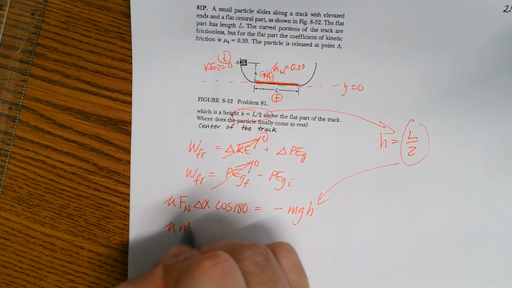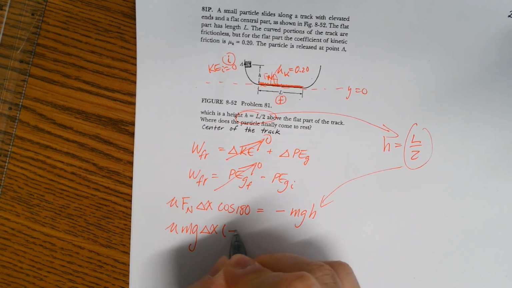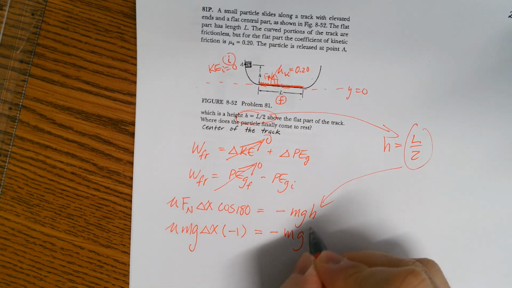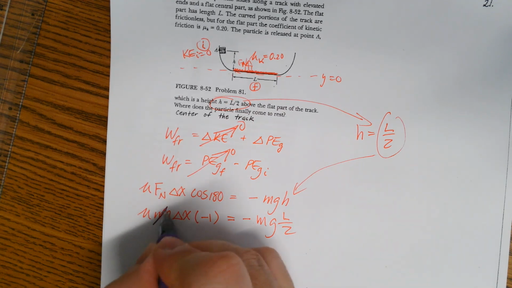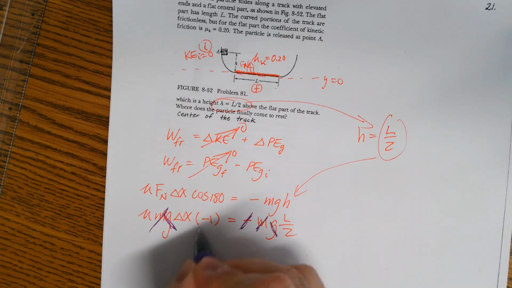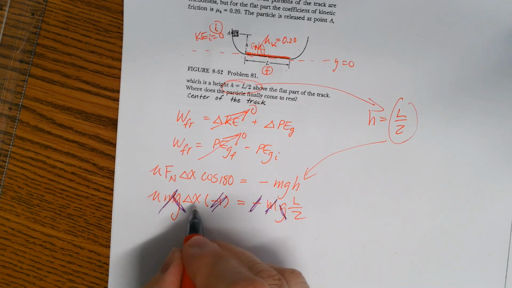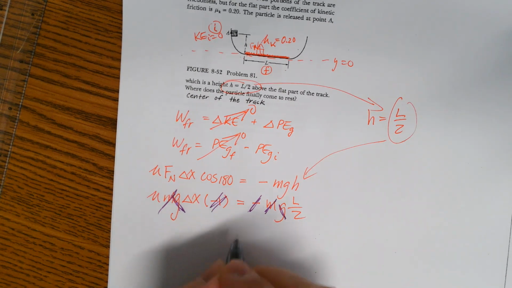So mu mg delta x times negative 1 is equal to negative mg L over 2. Well, look at this. The m's cancel out, the g's cancel out, the negative 1's cancel out. What do we have? We have mu delta x is equal to L over 2.